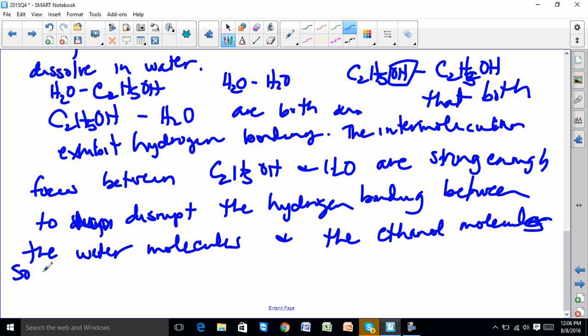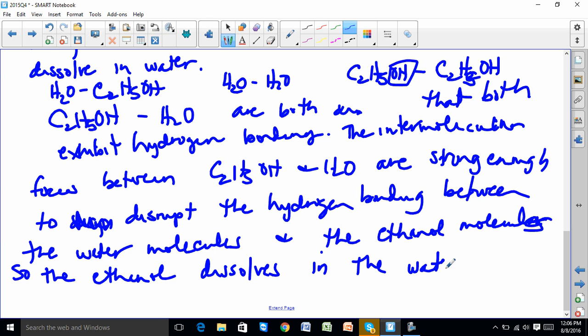So the ethanol dissolves in the water. I actually think this is the hardest part of chemistry.